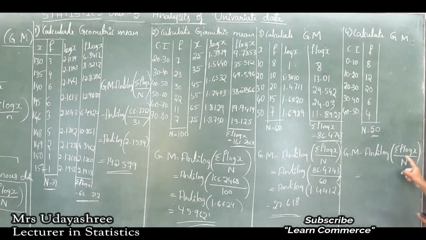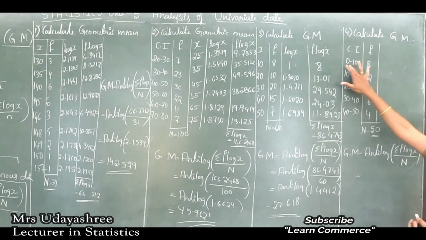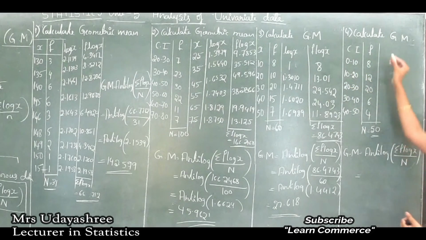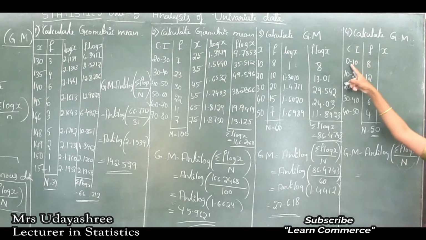So next we need x observations. This is a continuous frequency distribution, isn't it? So in this case x is the midpoint. How to calculate x? Lower class limit plus upper class limit divided by 2, then we will get the midpoint value. Here lower class limit is 0, upper class limit is 10.